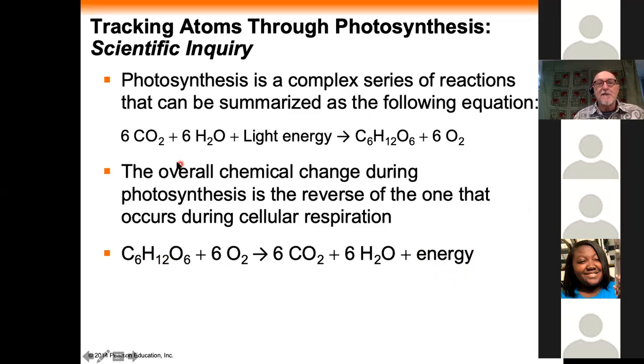Now let's look at photosynthesis. Look at this. 6 CO2 plus 6 H2O plus light energy forms glucose, and releases oxygen as a waste product. That is the reverse of that. This respiration equation is actually the reverse of the photosynthesis equation.